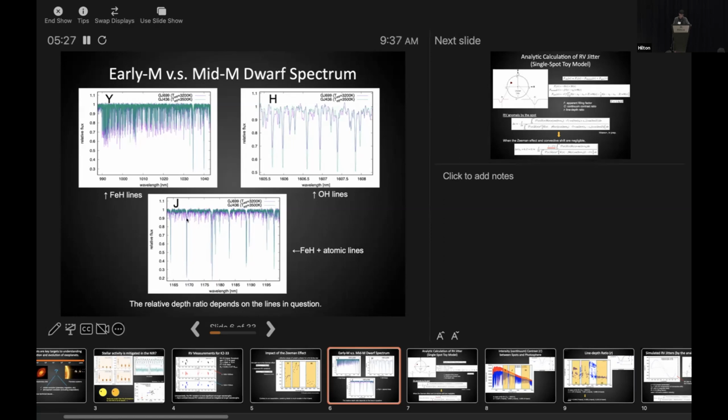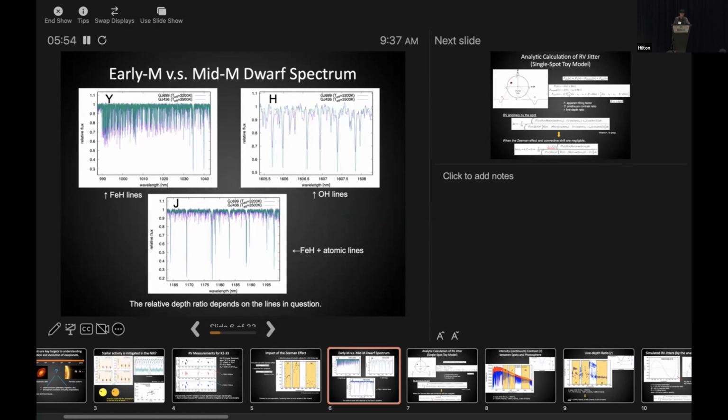Here in the Y band, most of the lines are FeH lines. For cool stars, the lines are deeper. On the other hand, in the H band, where most of the deep lines are OH lines, the lines are, oh sorry, shallower for cool stars.